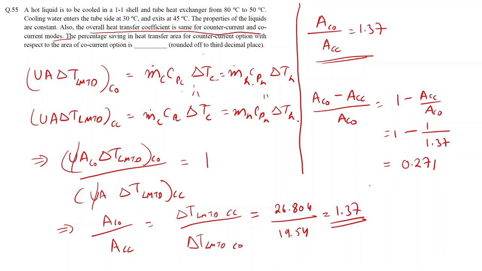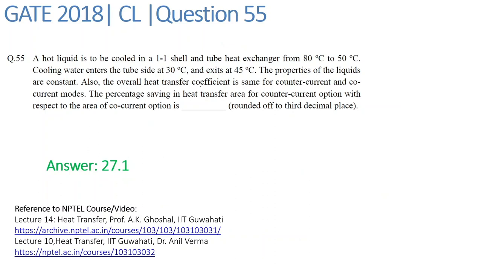So ultimately in percentage, the savings can be written as 27.1%. So if the mode of flow is counter current, then we will observe 27.1% saving with respect to that of co-current flow. That is why we can go ahead with the counter current option, as we will be saving on the heat transfer area. Yes, the final answer we will report as 27.1.